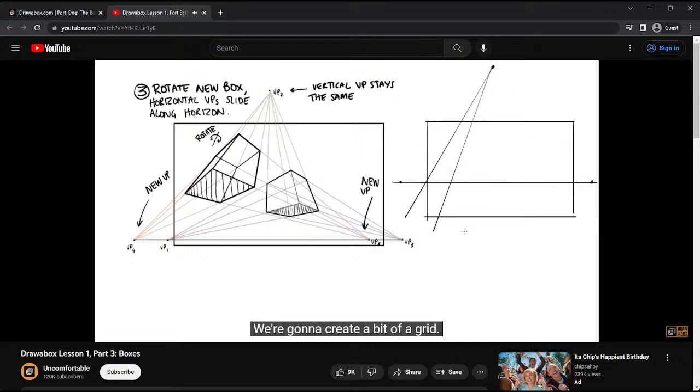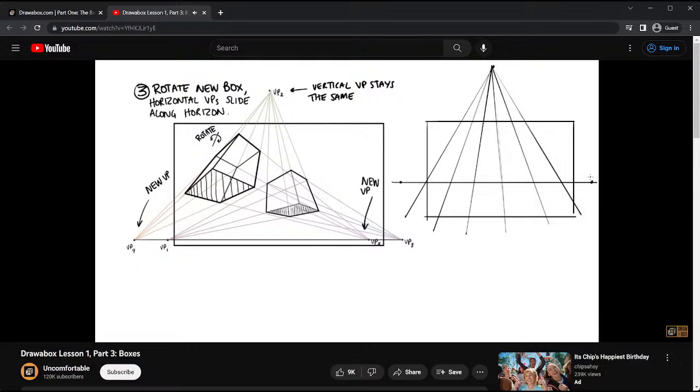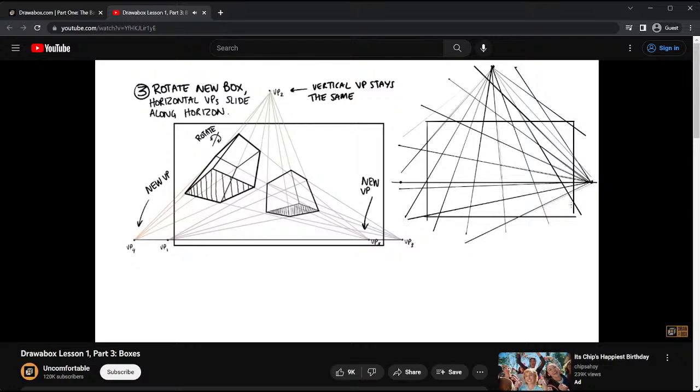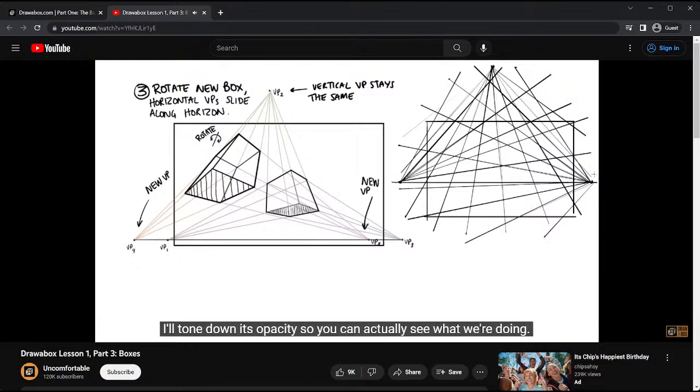We're going to create a bit of a grid. And then one more here. This is actually getting very cluttered, but I'll tone down its opacity in a second so we can actually see what we're doing.